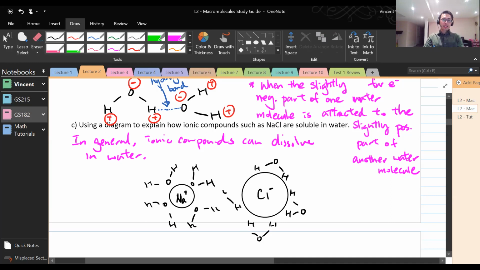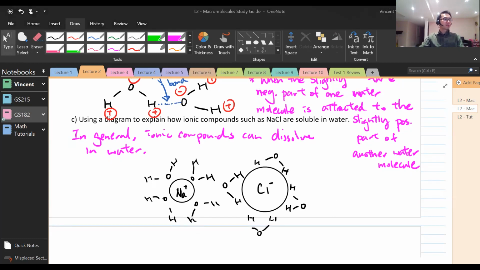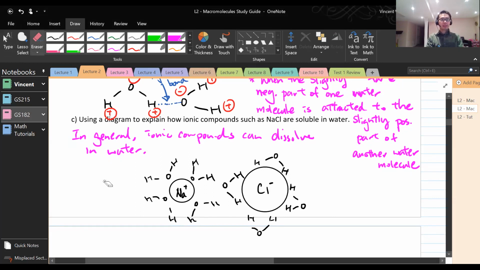As long as the water molecules can separate the compound into positive and negative ions, you will be able to dissolve them. That's what it looks like. Any questions before I move on? If this can happen, we call the molecule NaCl hydrophilic, because it's water loving.